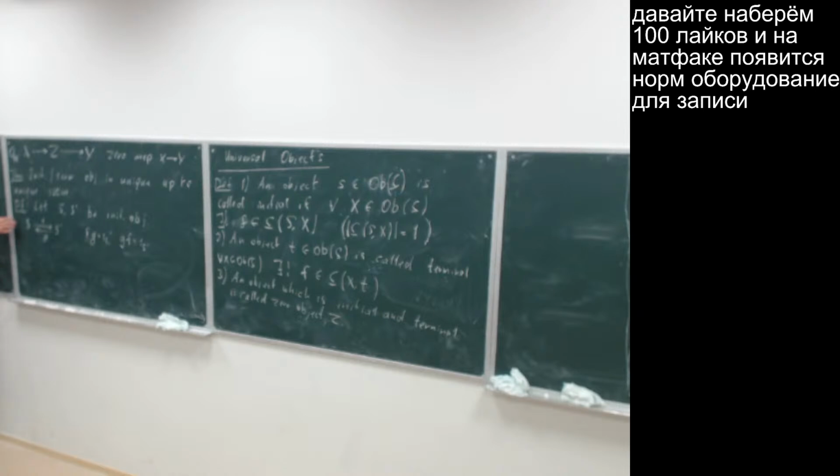So they are isomorphic by the maps F and G. And these maps are uniquely determined because this is the initial object: there's only one F, there's only one G.